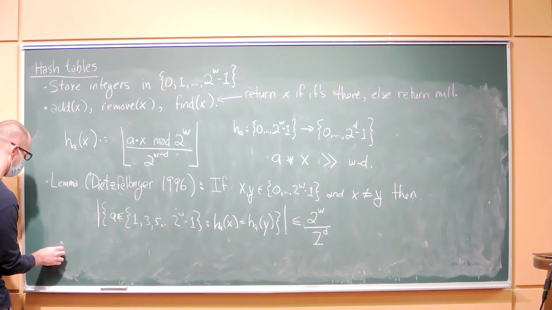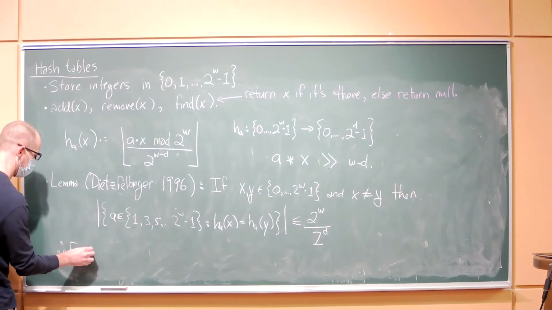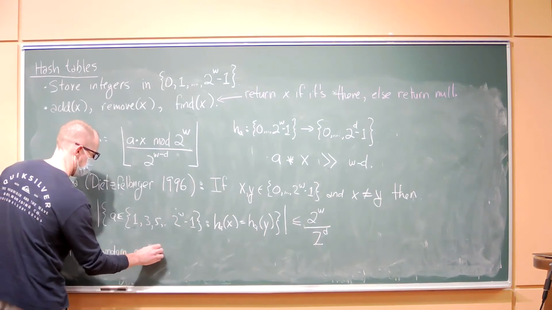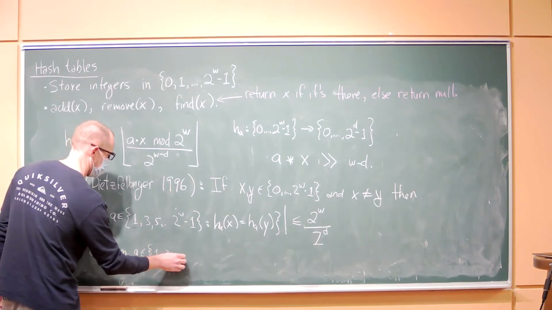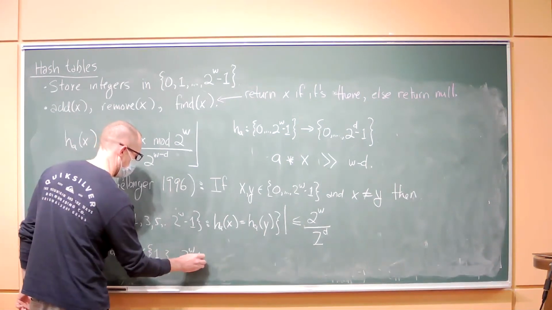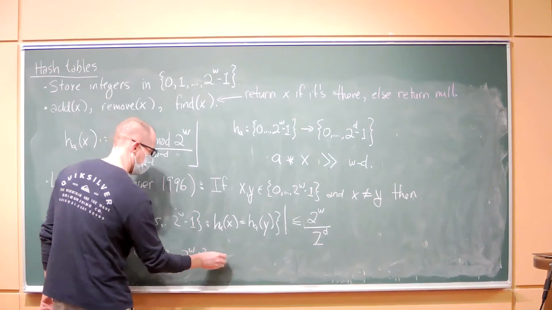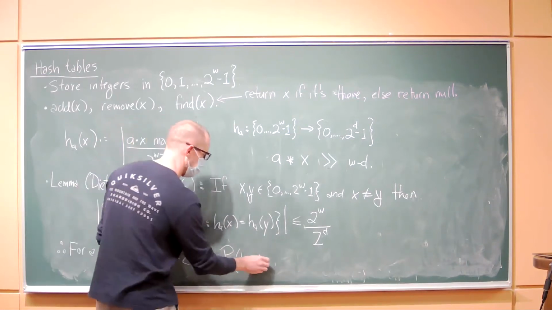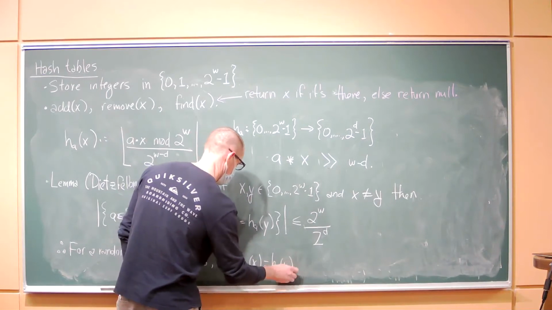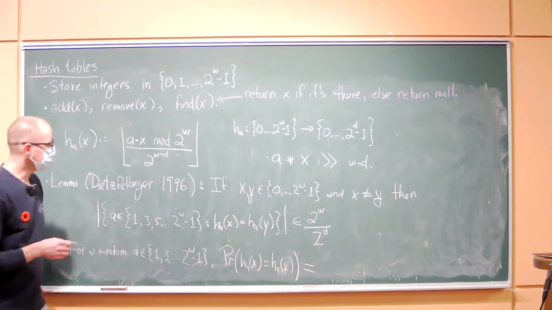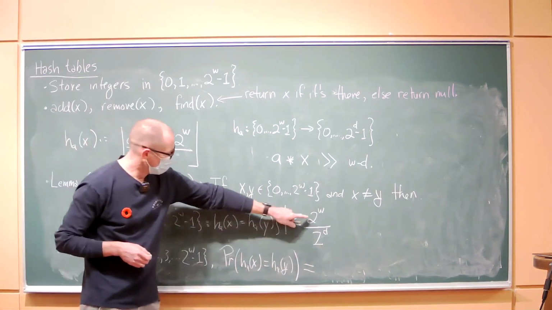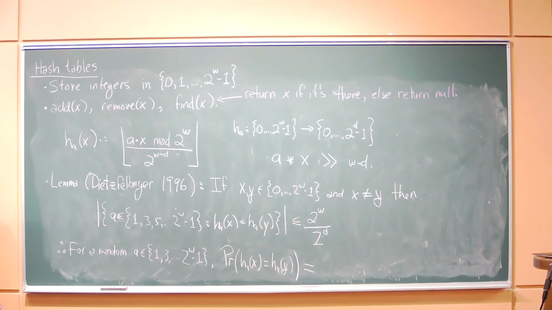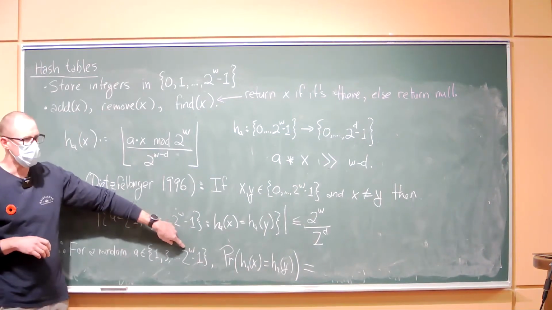Well, the consequence of that is that if we take a random A, so random odd integer A in this range, then the probability that the hash value of x is equal to the hash value of y, well, this is the maximum number of A's which could make that happen, and the number of choices we have for A is 2 to the w minus 1.